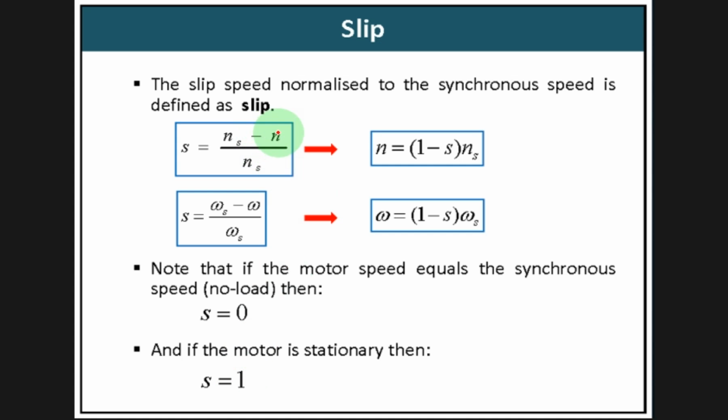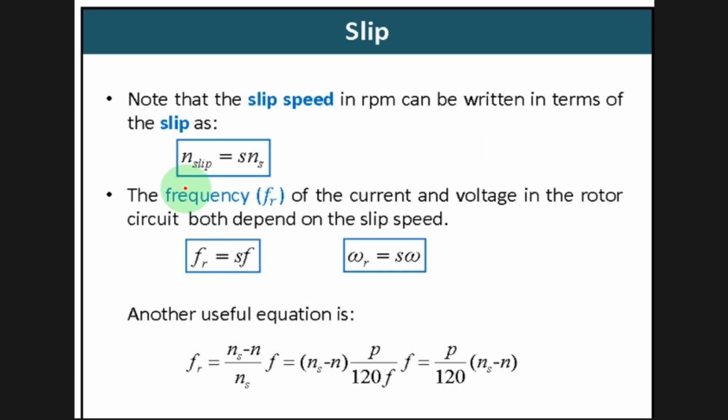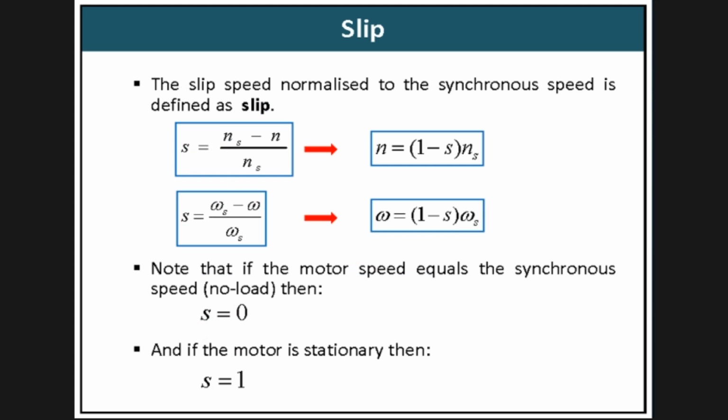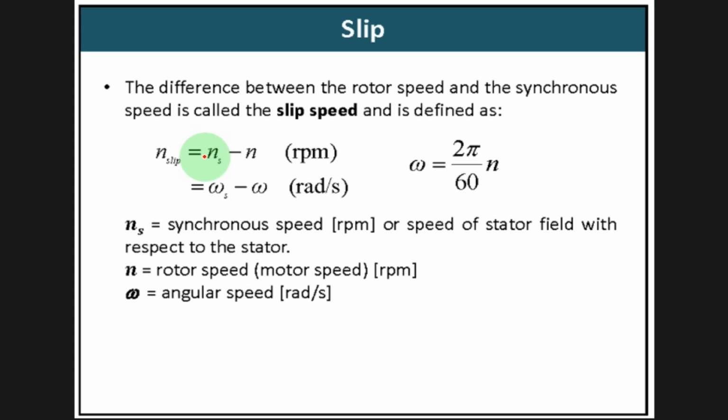If you want to calculate n, that is the rotor speed, what was the value that we mentioned here? N slip, that is the slip speed. N slip is ns minus n. So n is actually some percentage of ns. So it will be 1 minus s into ns.